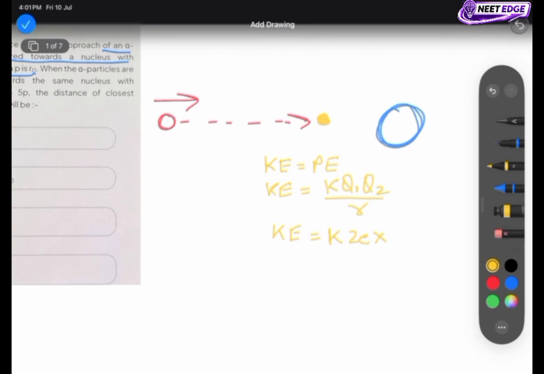As we don't know the atomic number of the nucleus, let it be Ze, upon R. Now we can see that K, 2, e and Z are constant, so kinetic energy is inversely proportional to R, that is the distance of closest approach.